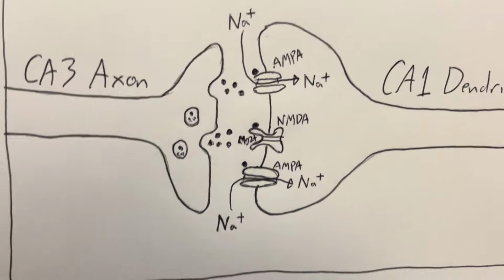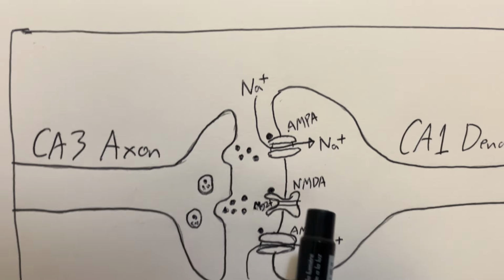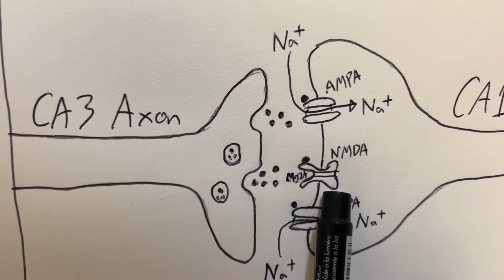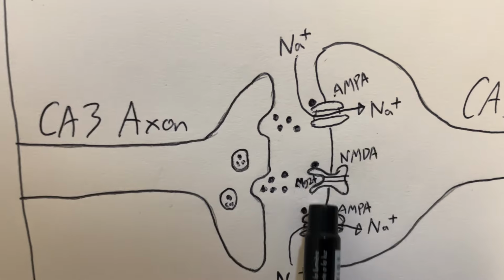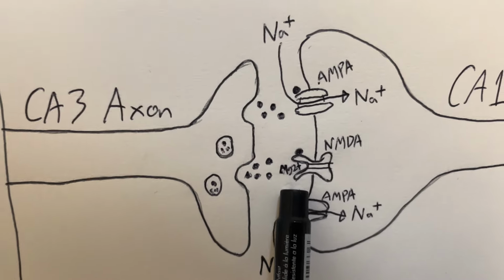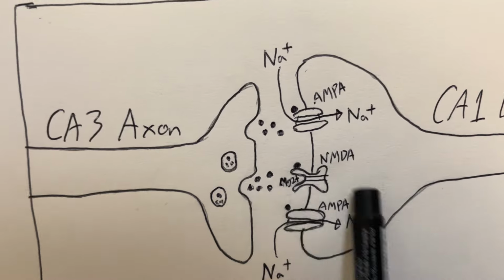Now, the part that's relevant to long-term potentiation is here with the NMDA receptor. Glutamate can bind it, but it's currently blocked by this magnesium ion, so the channel is blocked.